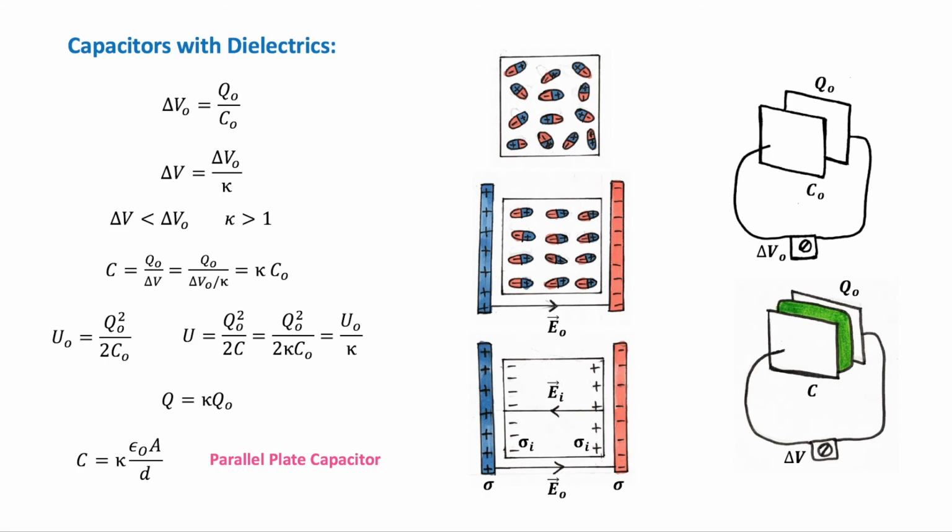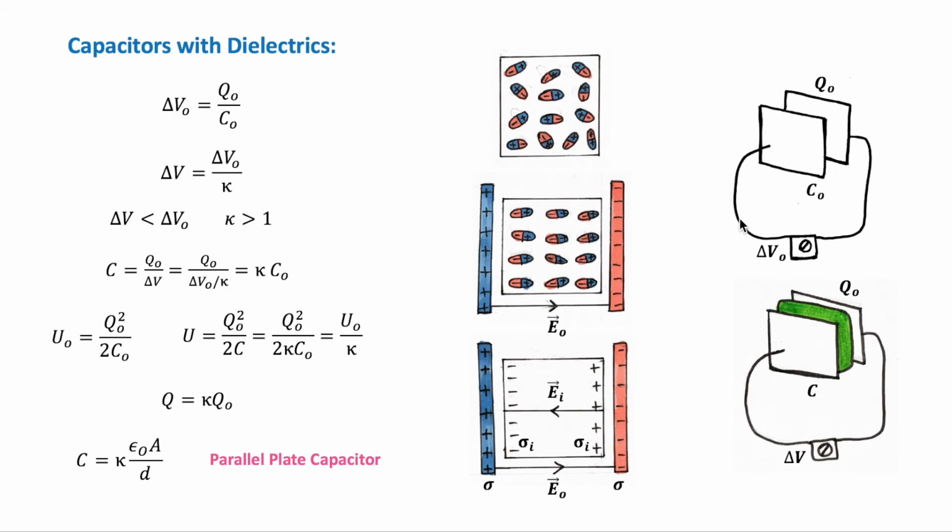So we will now consider capacitors with dielectrics. A dielectric is an insulating material such as paper or glass. If a dielectric is inserted between the plates of a capacitor, the capacitance will increase. Suppose we have a parallel plate capacitor of charge Q naught and capacitance C naught without a dielectric.